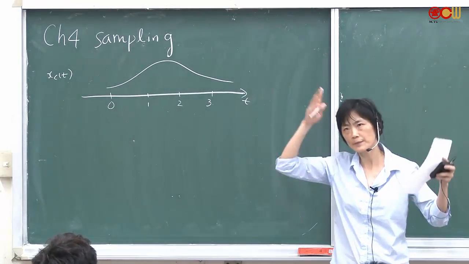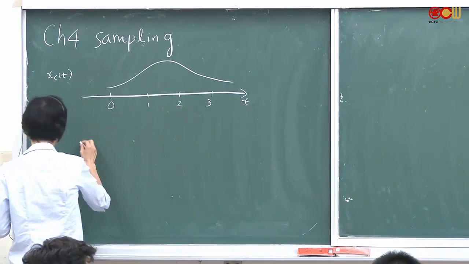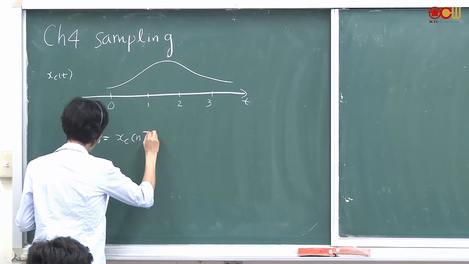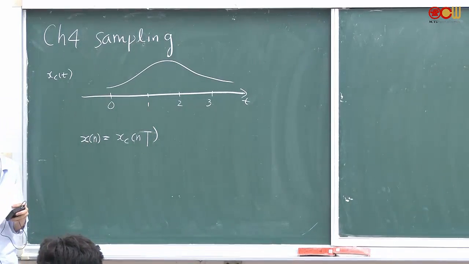At the very beginning of this semester, we talked about sampling, right? And we say we sample x[n] using period T, and this is what happened.